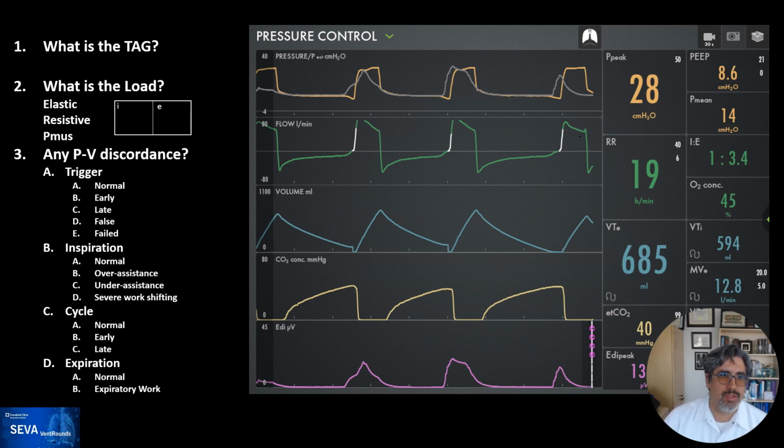And what you see here is the breath, there's electrical activity of the diaphragm, and you can see that the actual electrical activity started right here, and the breath started all the way over here, right? So there is a good amount of discrepancy in the amount of time.